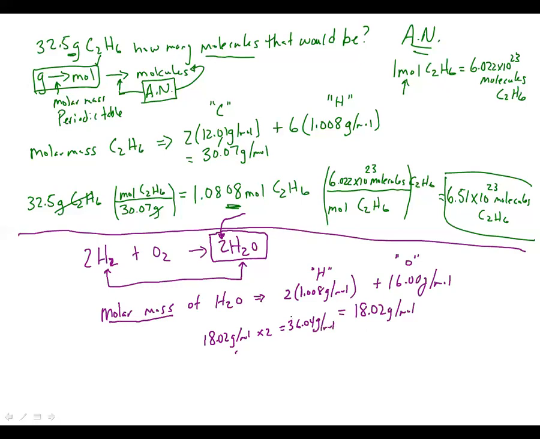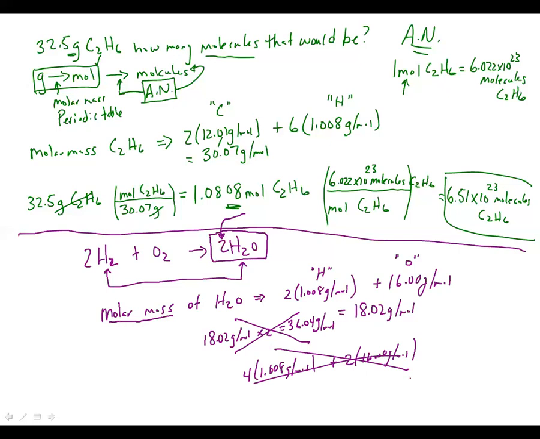And that is wrong. Or sometimes people will do the 4 hydrogens at 1.008 grams per mole plus 2 oxygens because there's a big 2 in front of it, also giving you that 36 number, which is wrong as well.